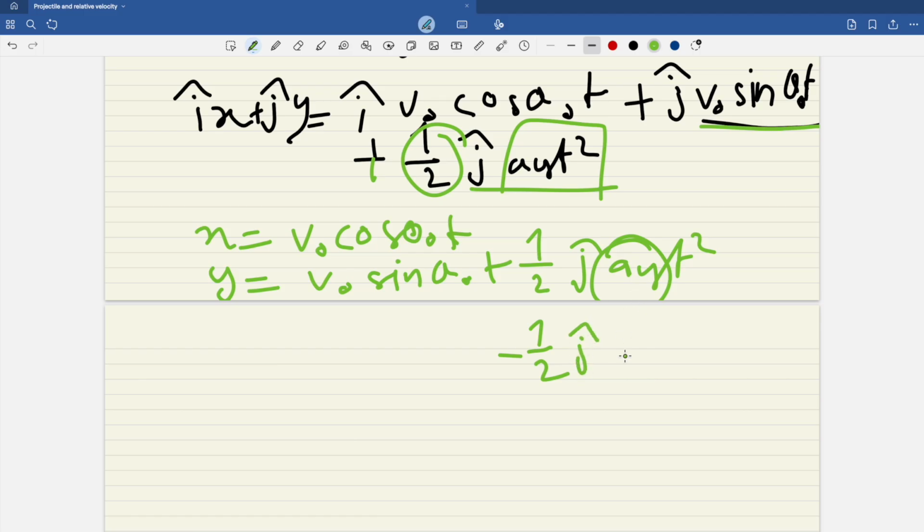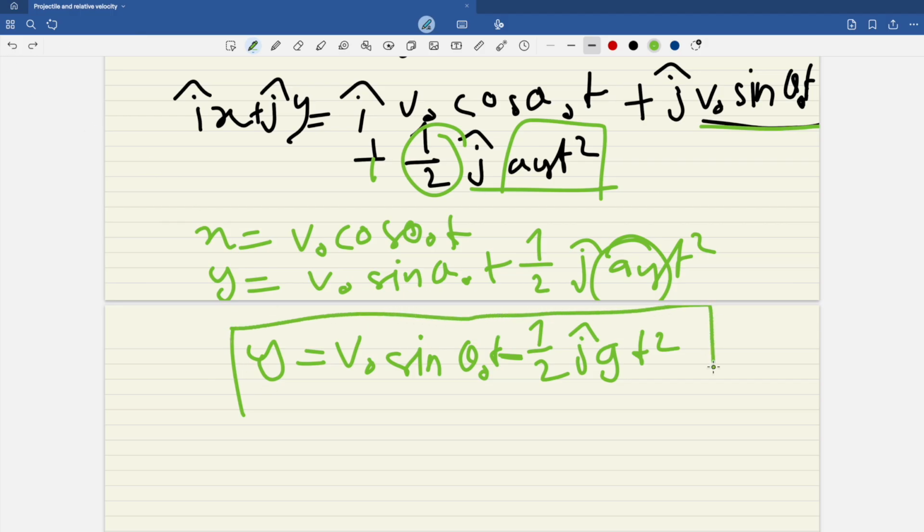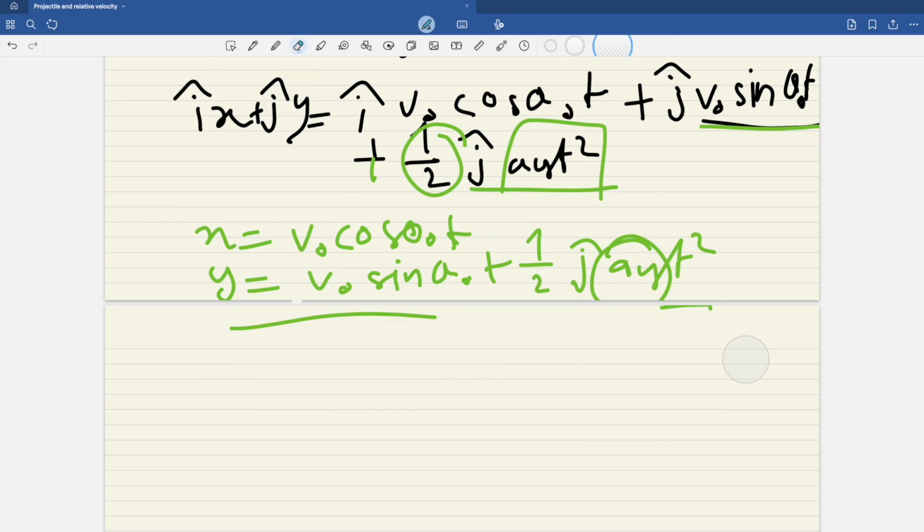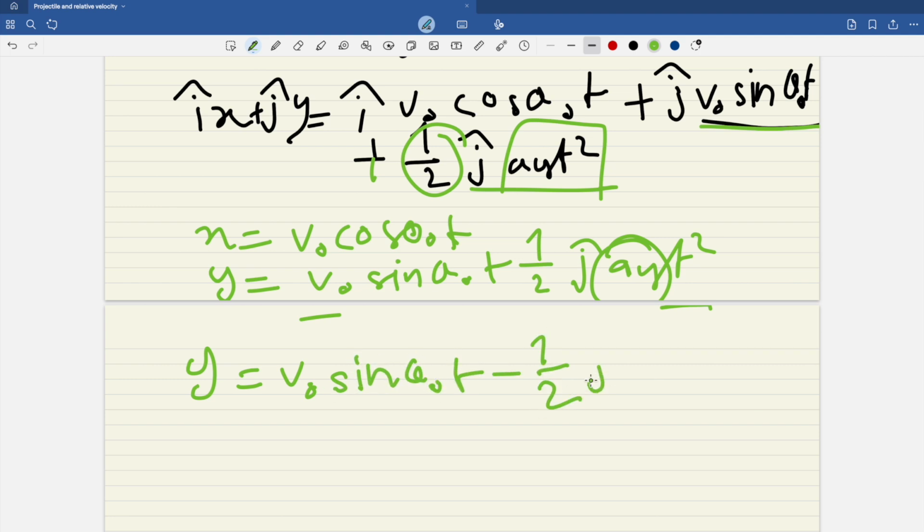So y equals v naught sine theta naught t minus half g t square. Let me clarify for you: the coefficient of j will be written, so the j will not be here.